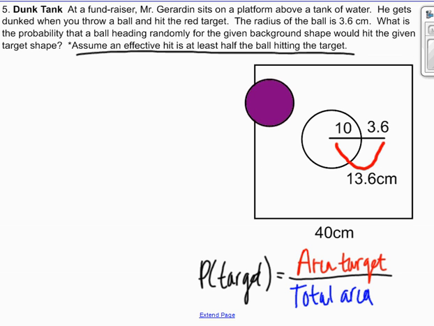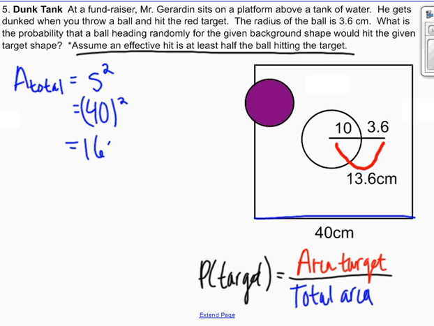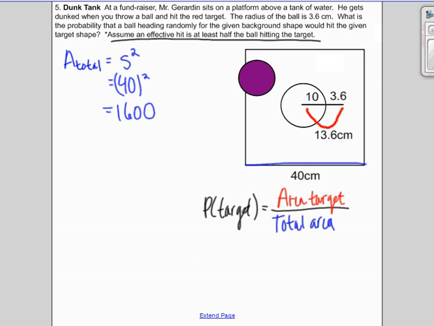So like I said, what I do first is I find the total area. It looks like it's a square target. So if this is 40 centimeters as the side, you're going to take 40 and square it. So I have 1,600 centimeters squared. So I'm going to plug that in my formula.